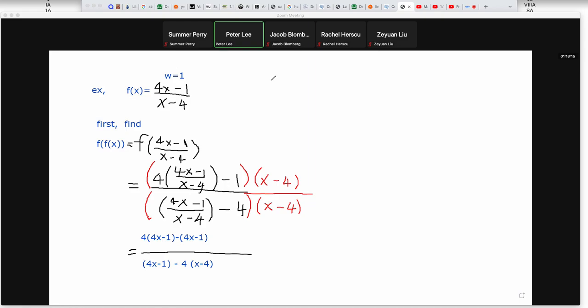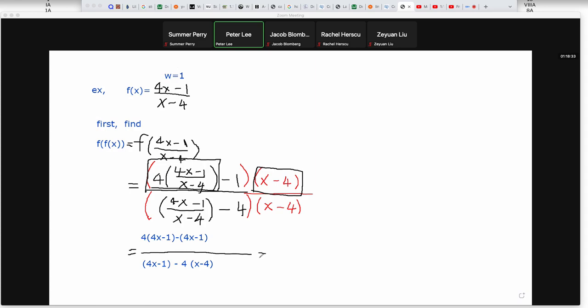When you multiply this guy right here by x minus 4, we get 4 times (4x minus 1), and then minus, 1 times x minus 4 is x minus 4, with parentheses.